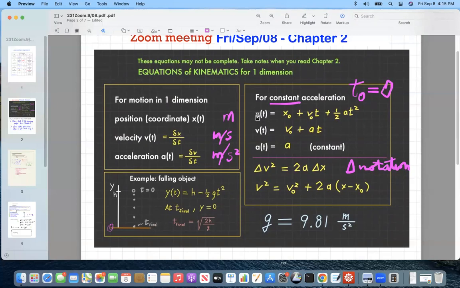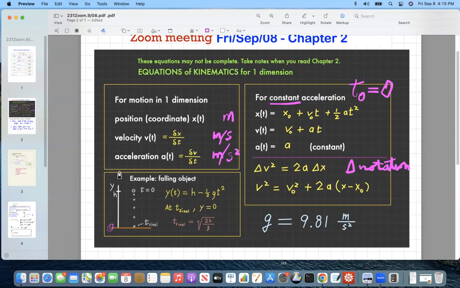And this equation for position as a function of time becomes y of t is h minus 1/2 gt squared. There's no y0, well, y0 is h. But there's no v0 because I dropped it from rest. So I dropped it with 0 velocity. So that term v0 times t is just 0. And then I have plus 1/2 at squared. But the acceleration here is negative.